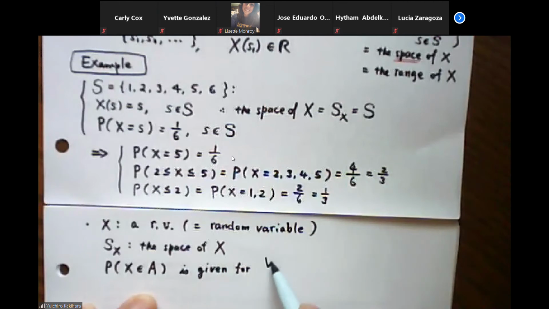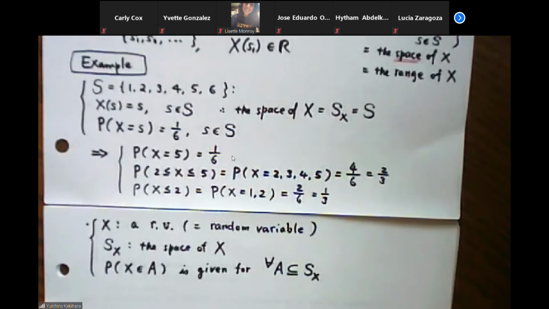For any A that is a subset of the space of X, we can consider the probability that X belongs to A. X belongs to A means that X of s is going to be in the set A. Okay, that's the meaning of this.